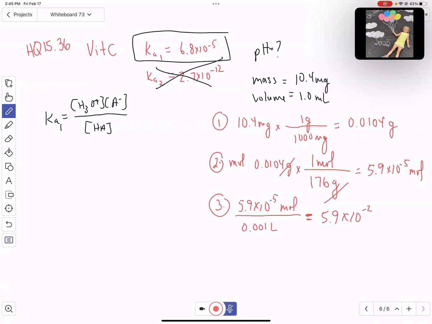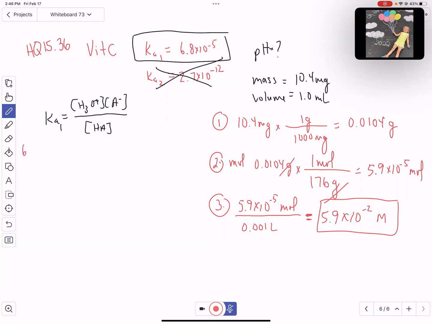So there's my concentration of my acid. I know the Ka, and I know the concentration of my acid now. Now I can find hydronium and the conjugate base, and now I can find pH. So we'll get started on that.